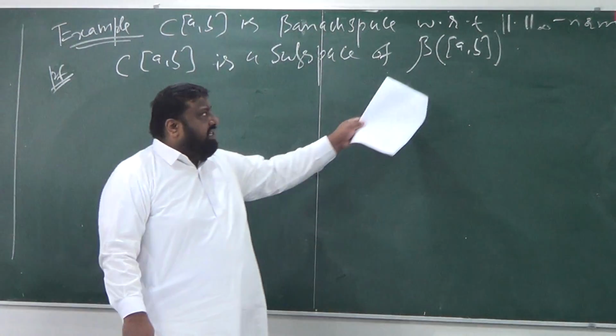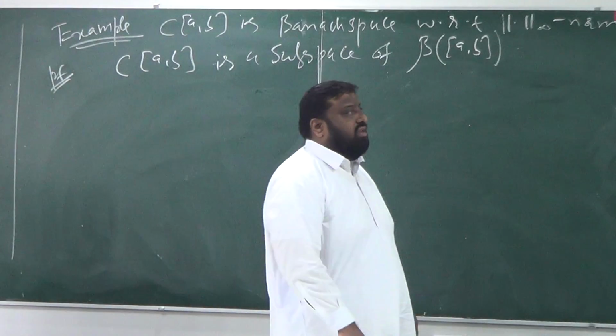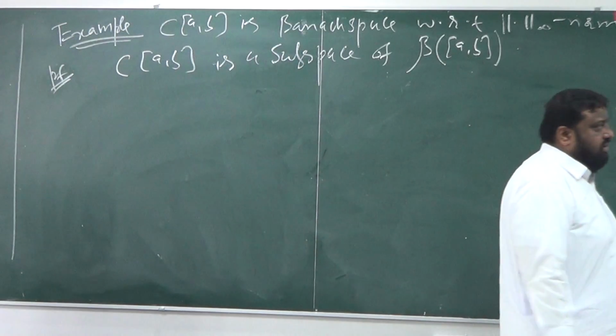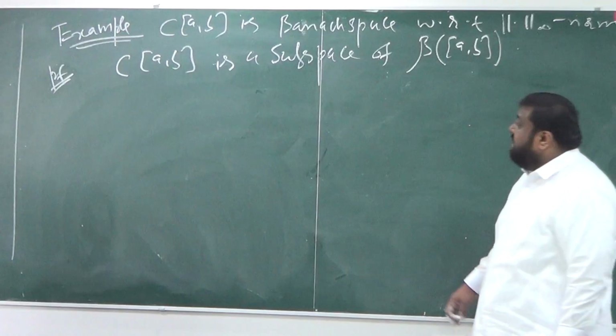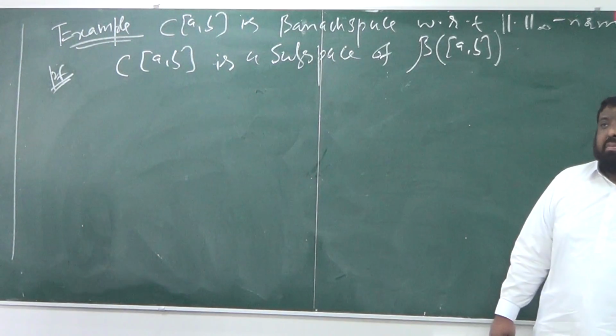And I know that this one is a Banach space with respect to the infinity norm. I'm going to show that C[a,b] is also complete with respect to this infinity norm.